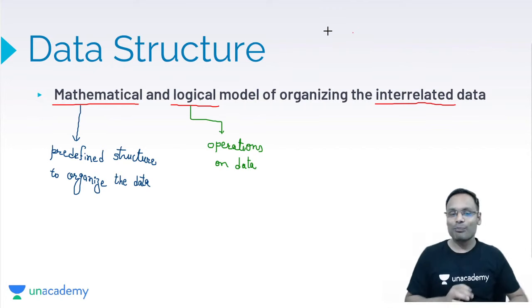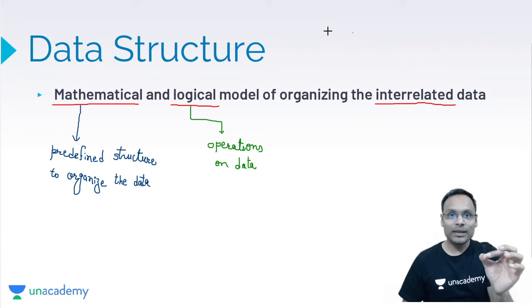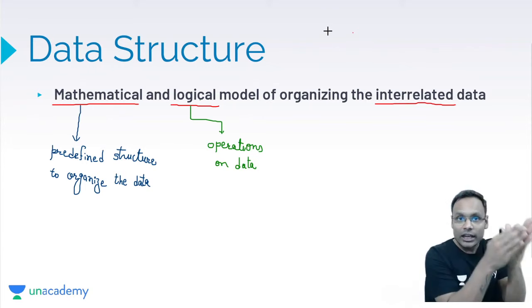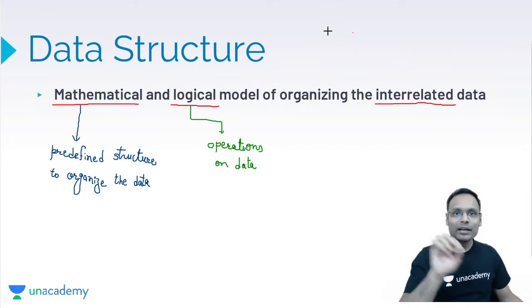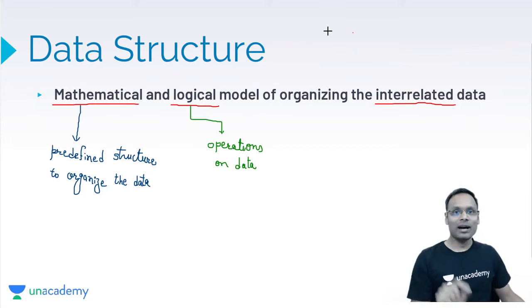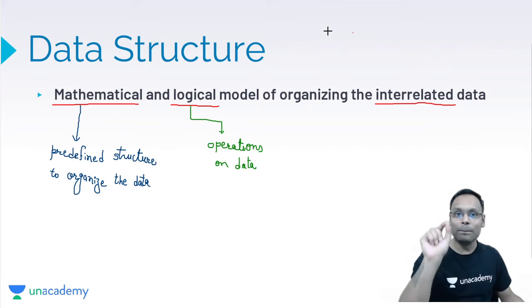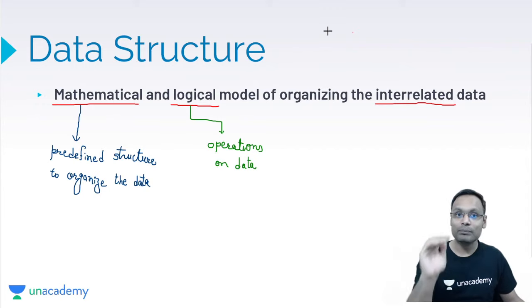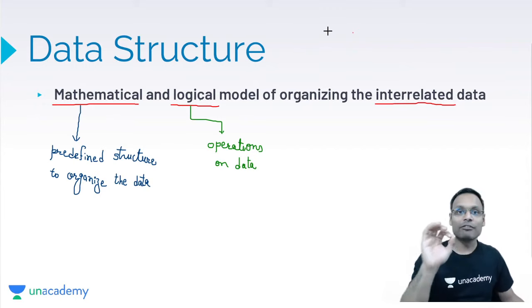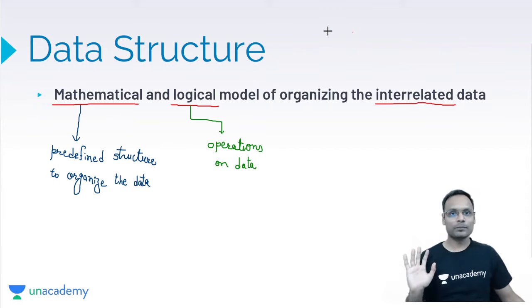Now what is the meaning of best suited? Best suited means that if we use that data structure to solve that problem, to write that algorithm, I will have the best possible result through this algorithm with minimum time, minimum effort, minimum space.